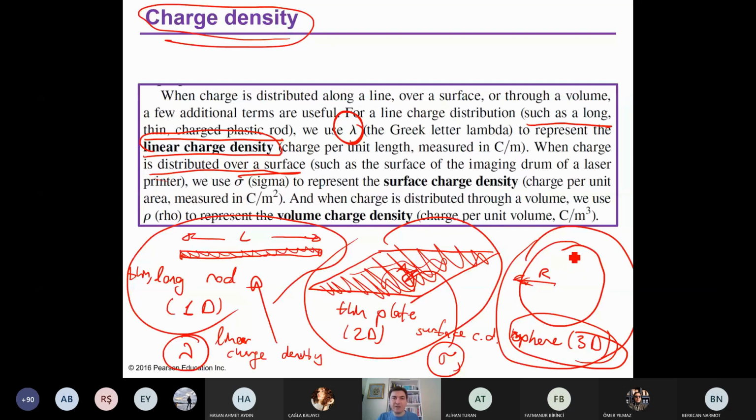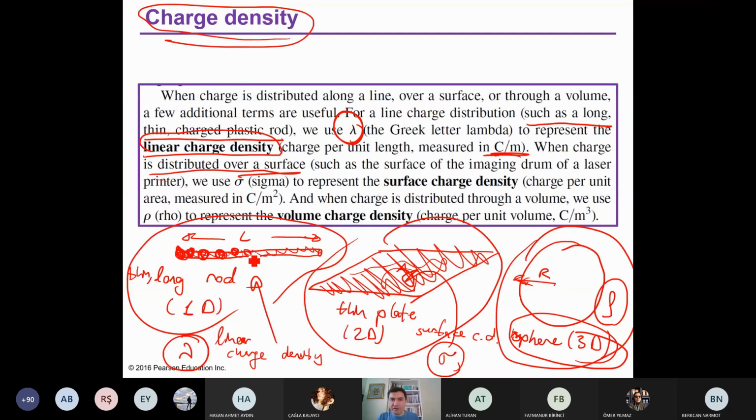Okay, and here, what about the unit? The unit of the linear charge density is given in coulomb per meter. So you can consider like this. Here I have one charge, here I have one charge, here I have one charge, here I have one charge, okay? And let's say each charge has a certain charge Q, and it is given in coulomb, okay?